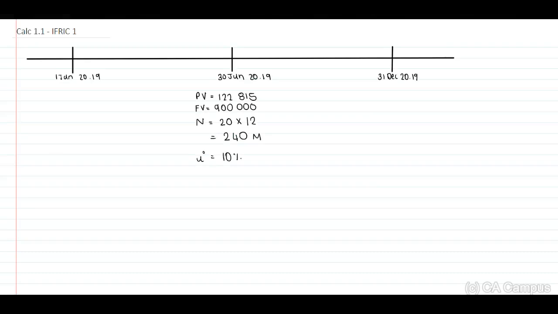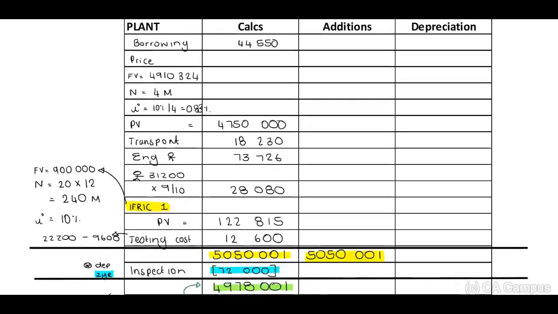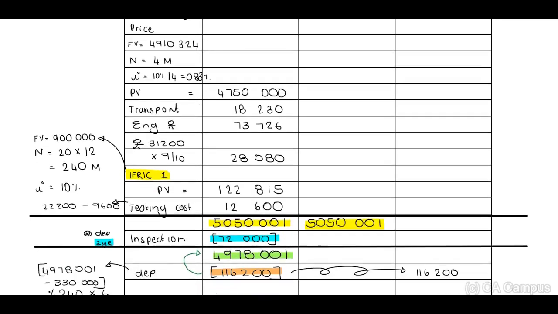Right, I've included this as my calculation 1.1, IFRS 1. You will remember that we have calculated this, guys, in our calculation 1. I've just copied my calculation. Remember, this is our calculation 1, and we have our IFRS 1 costs here, guys, 122,815.